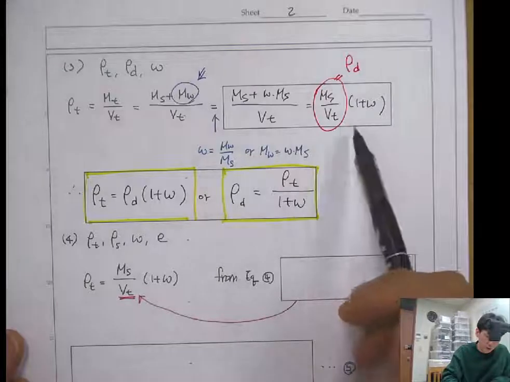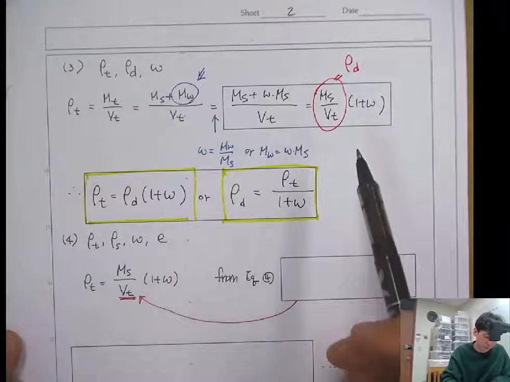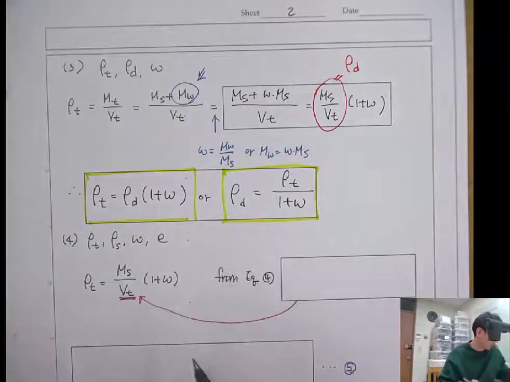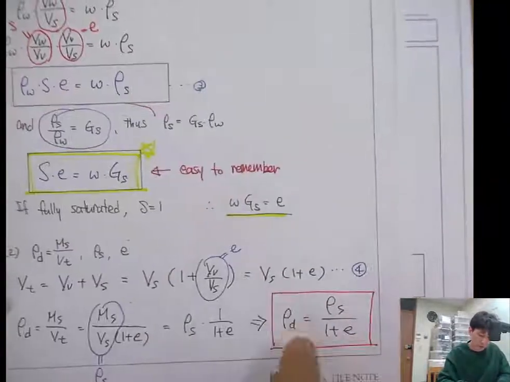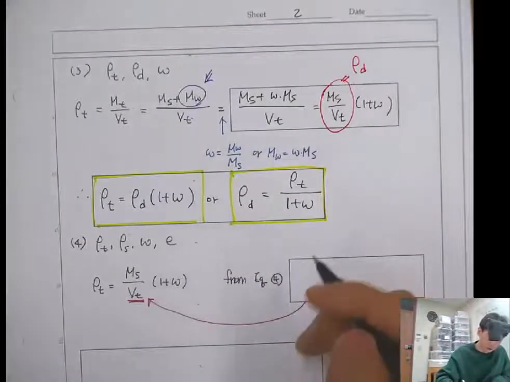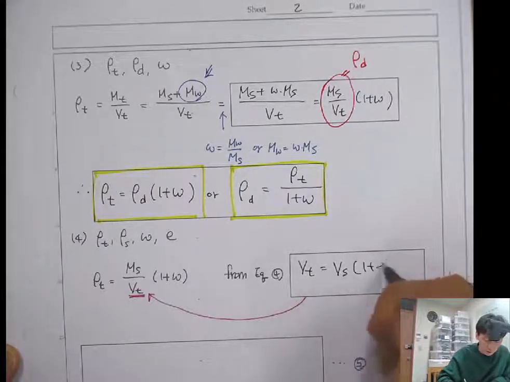That's from here, right? And from equation 4, which was the total volume as a function of Vs and void ratio, the total volume is Vs times 1 plus e.